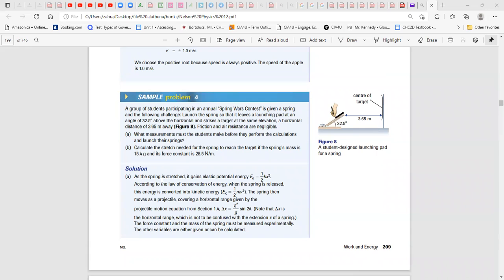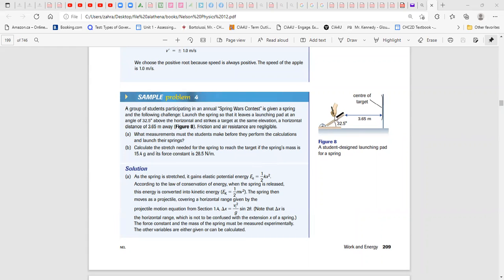As the spring is stretched, we need to have that, right? According to the law of conservation of energy, when the spring is released, this energy is converted into kinetic energy. The spring then moves as a projectile, and the horizontal range is given by that equation, which we got from the previous unit. This is projectile motion, so it is projected and lands there, right?